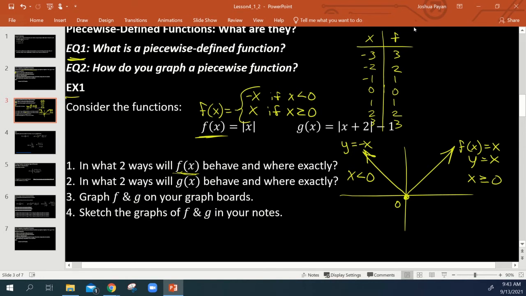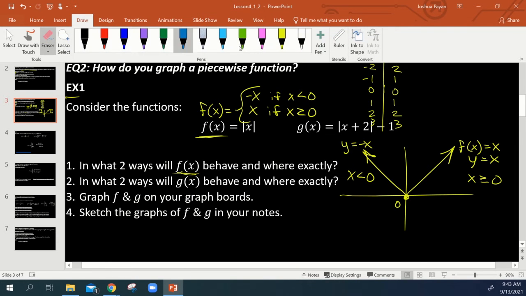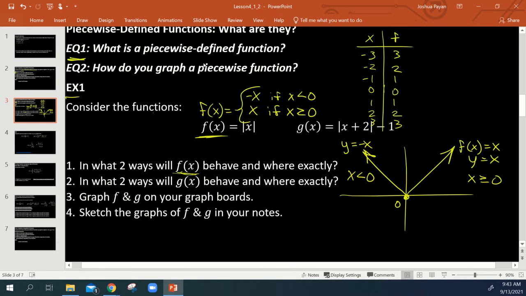Okay, so what I've done is split the domain, right? I split the domain into pieces, hence piecewise defined. Okay, so a piecewise defined function is basically a function where the domain is split, right?